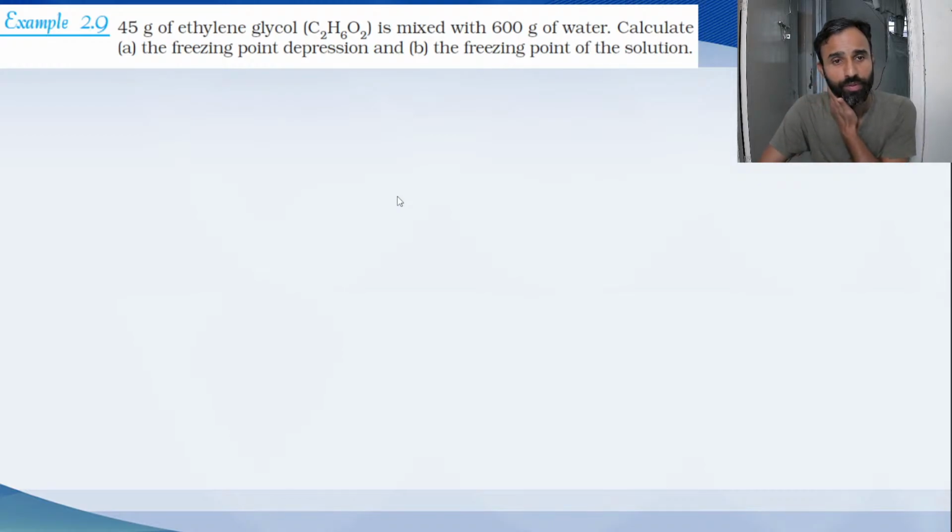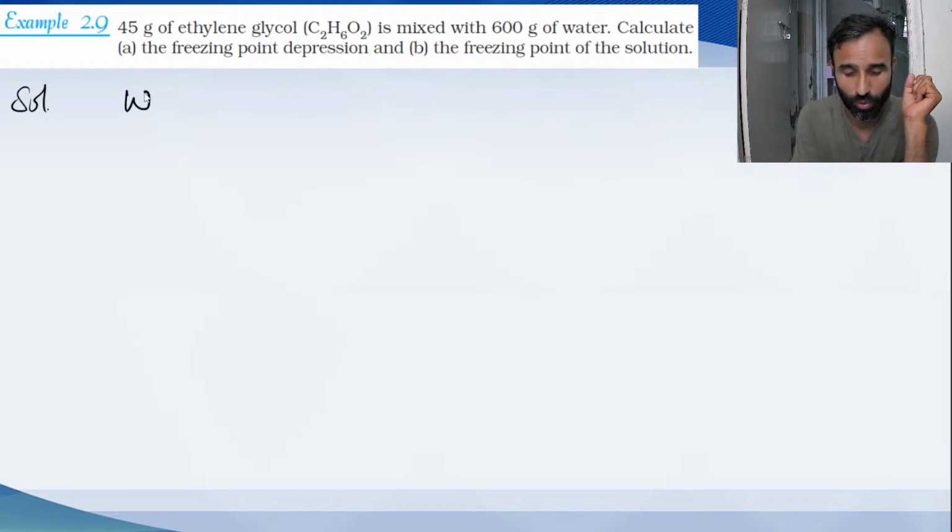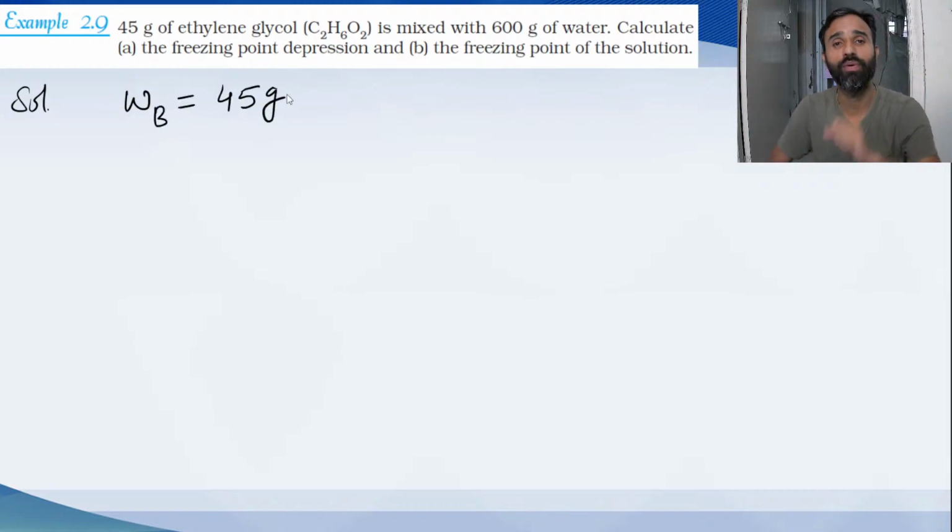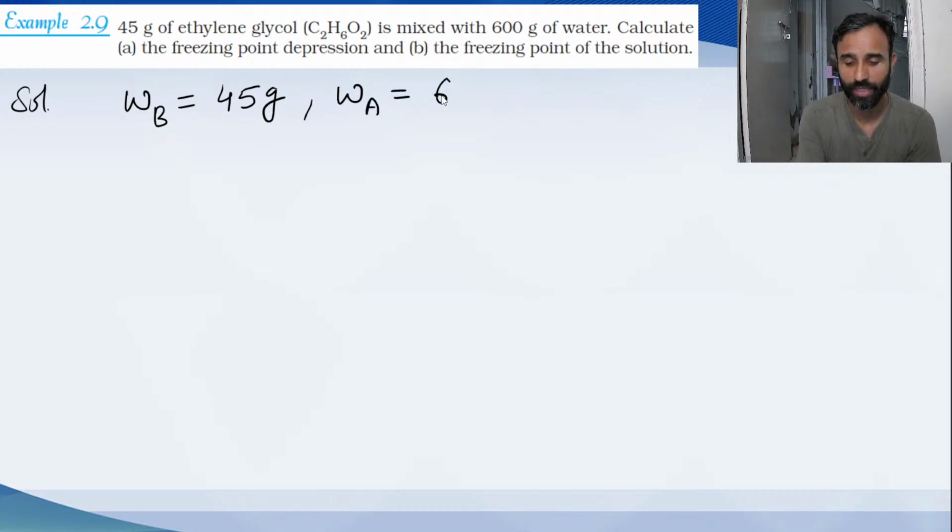Next question. 45 gram of ethylene glycol. You know, ethylene glycol is forming antifreeze solution. It is mixed with 600 gram of water to calculate the freezing point depression. That is, we have to calculate delta TF and TF, freezing point of the solution. See, WB is given to us, that is mass of ethylene glycol, and WA is also given, that is 600 gram.